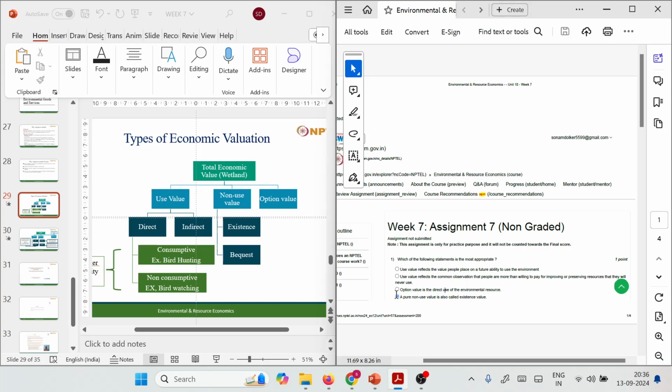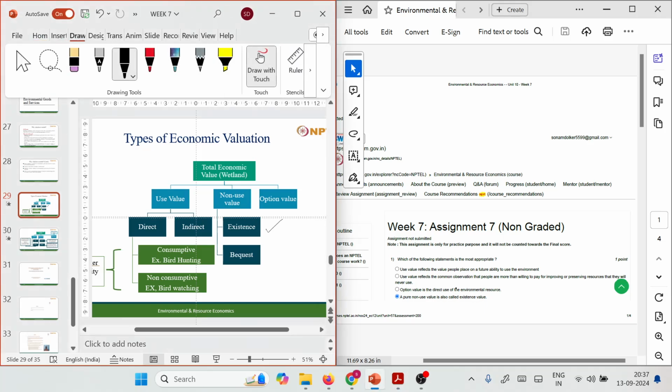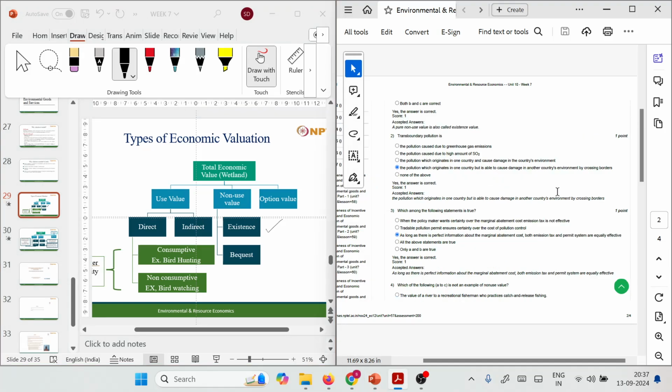Use value is direct consumption or enjoyment of the aesthetics of resources. Therefore the last option, that pure non-use value is called existence value, is correct. Here we have seen that non-use value can be termed existence value. The mere existence of certain resources can be termed this, right? So the last option is correct.